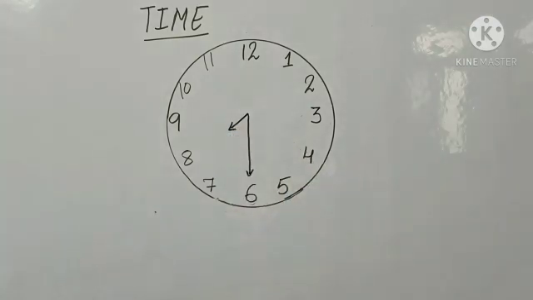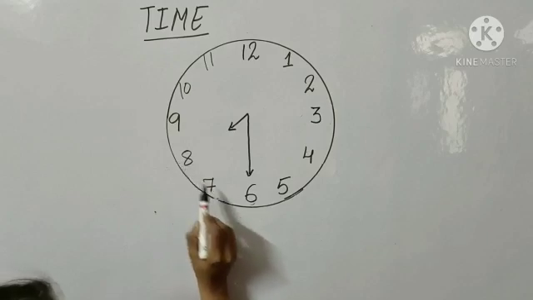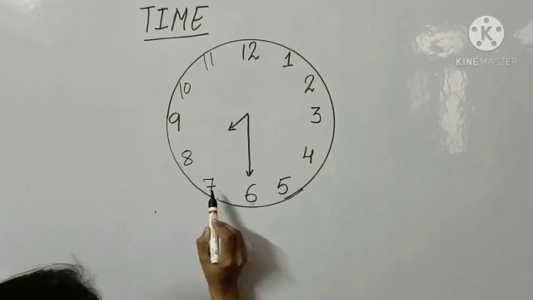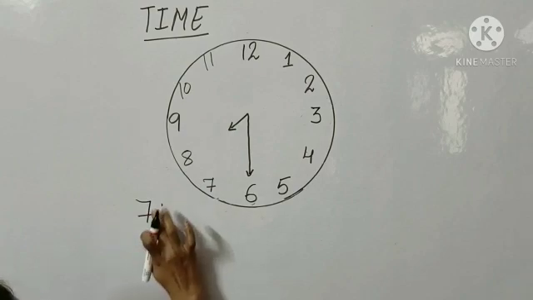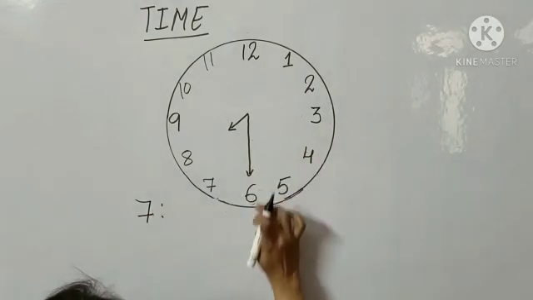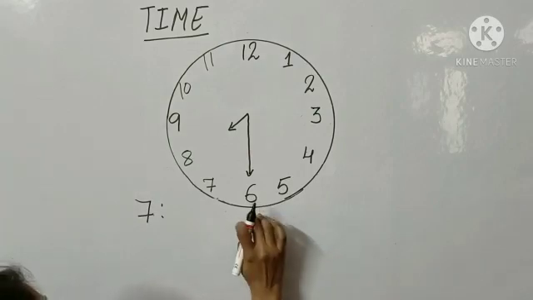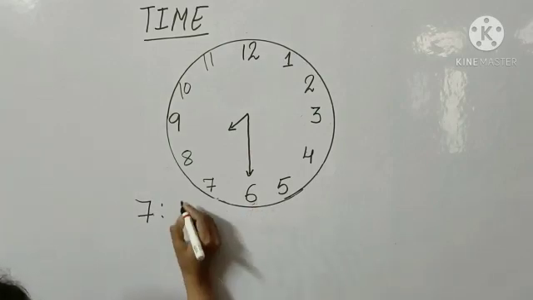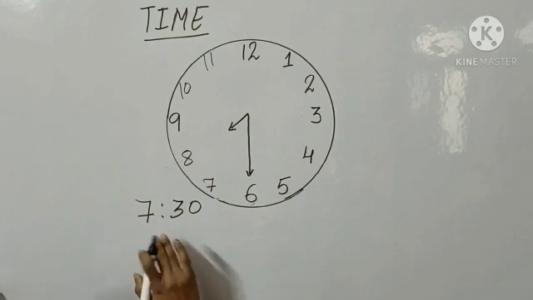You all can see the hour hand is somewhere between 7 and 8, so I will be considering it at 7 only. So I can write the time 7. Now the minute hand is at 6, so to calculate the minutes, I simply multiply 6 with 5, and 6 fives are 30. So time is 7:30. Of course, I can write in the same way 30 minutes past 7.